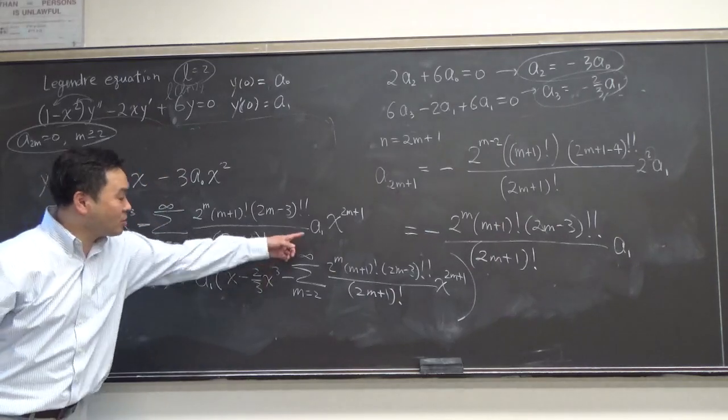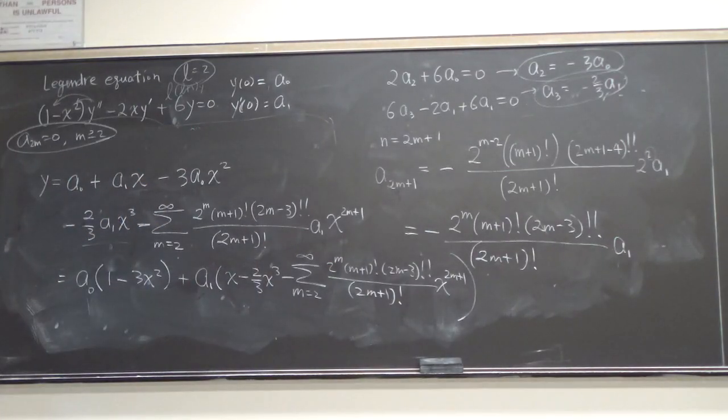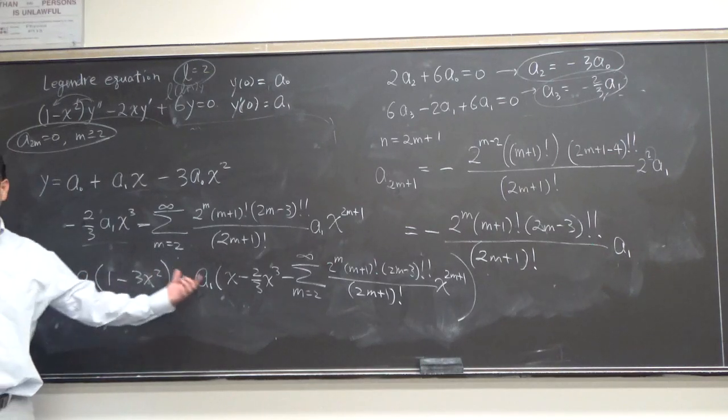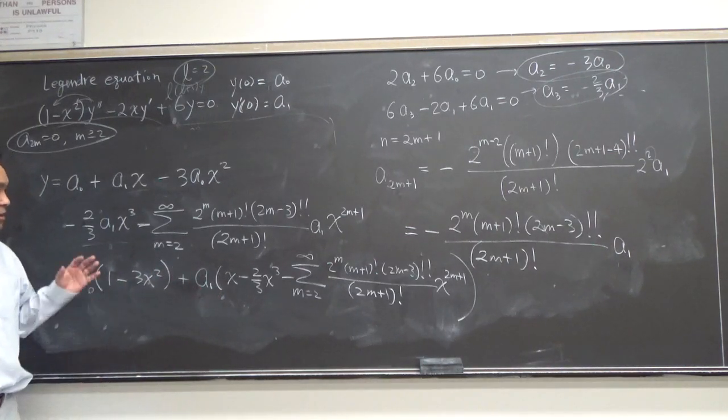And notice that A1's gone because I factored it out. Okay? So what are we getting here? I have two free parameters, A0 and A1. Right? And that gives you two functions.